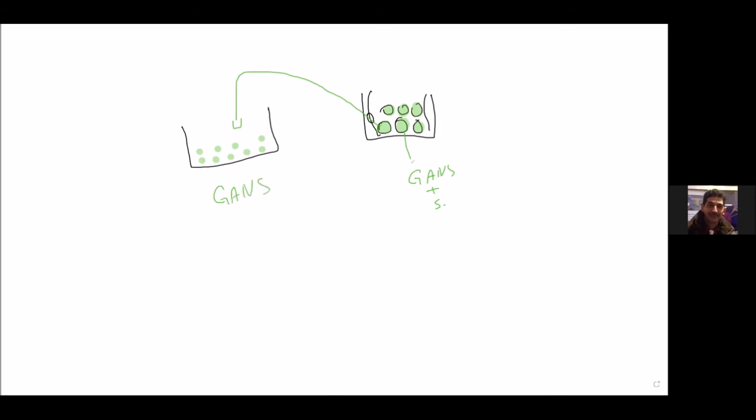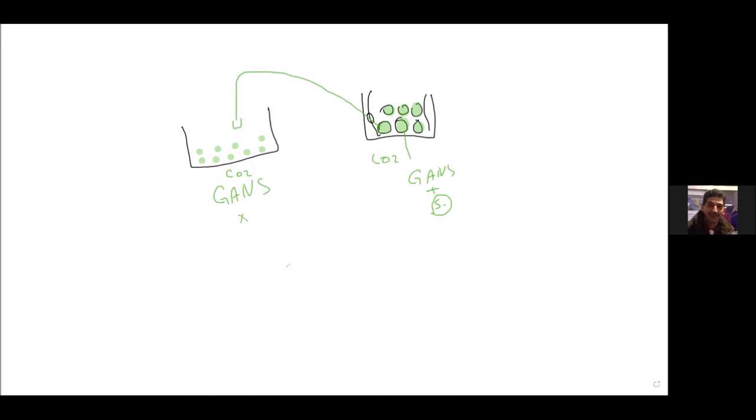Now, let's give them a name. Let's give this one CO2. This one also CO2, the same gas. But now, this one is with salt, and this one is without salt.